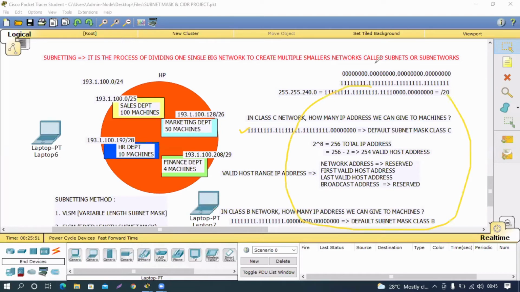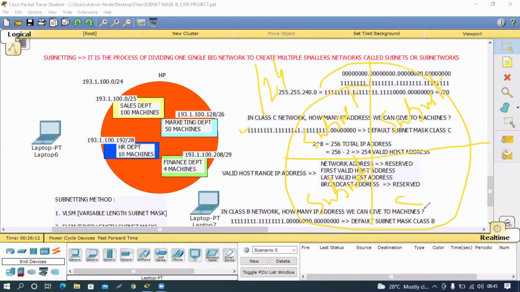This is your big network. Let's say that this is your slash 24. When you divide it, this is when you create a subnet. This is one of the subnets.